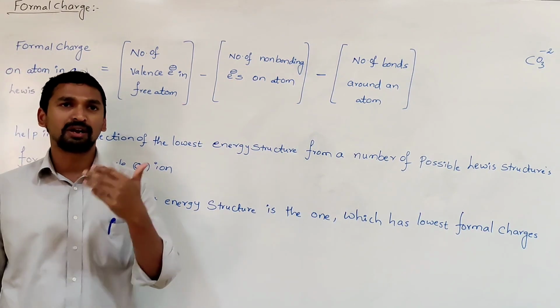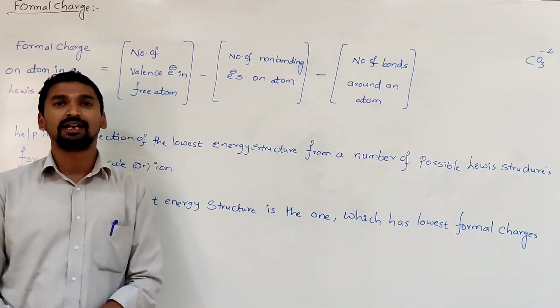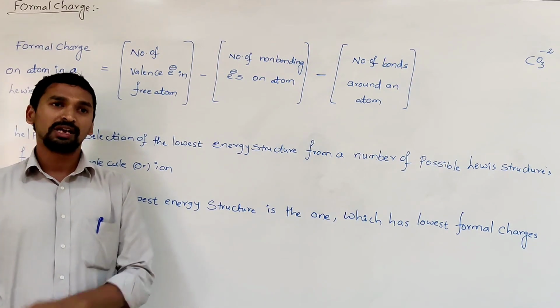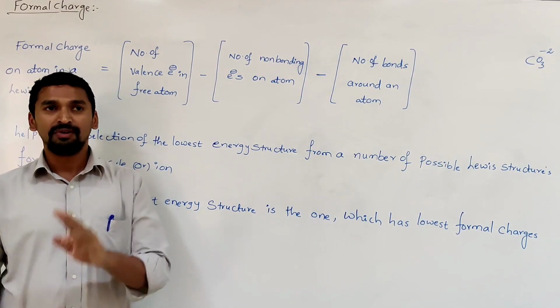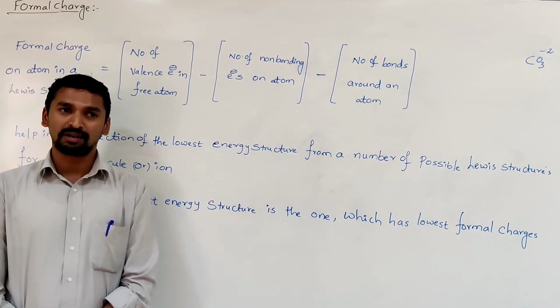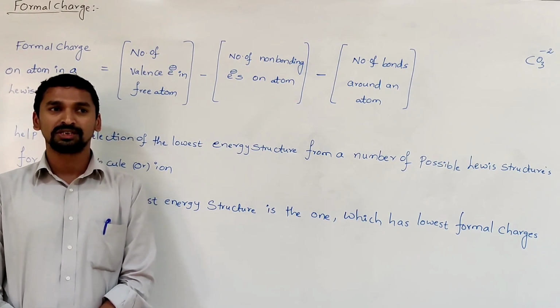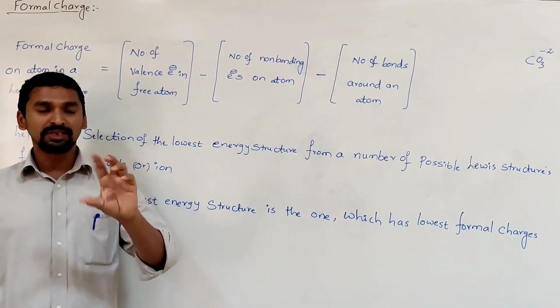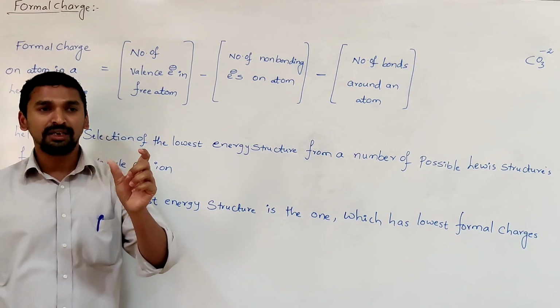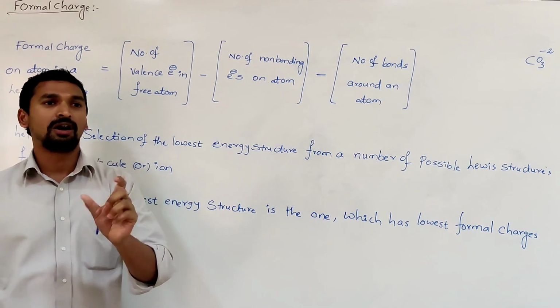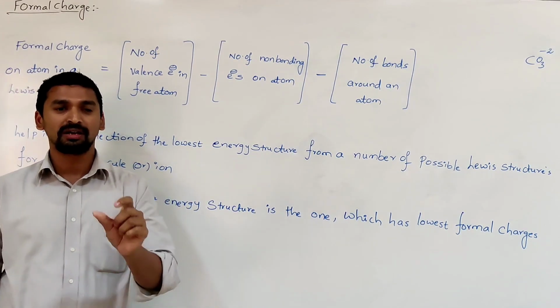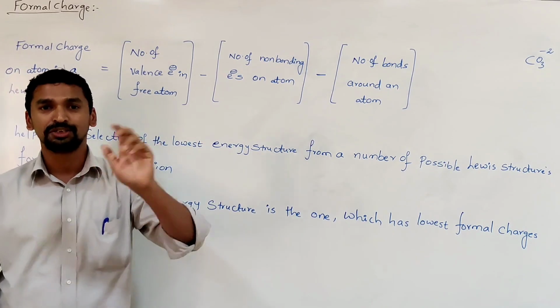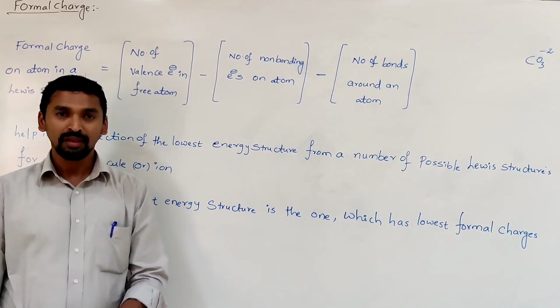What do you mean by the number of electrons assigned to each atom in the Lewis structure? Here two cases are there. We assign electrons to each atom in two ways. First, some electrons are assigned to the formation of a bond between two atoms, that is, the shared pair of electrons.